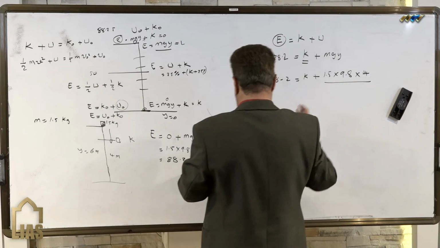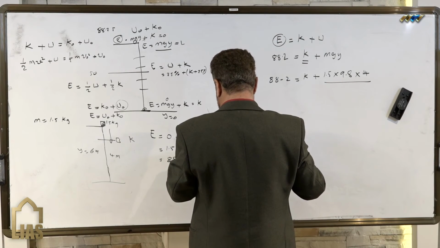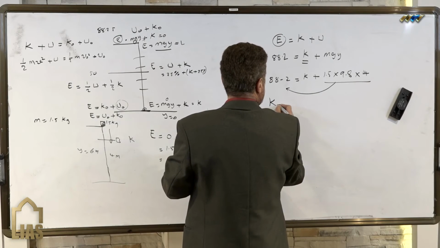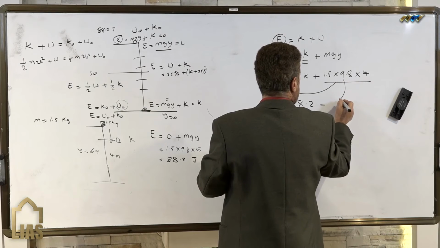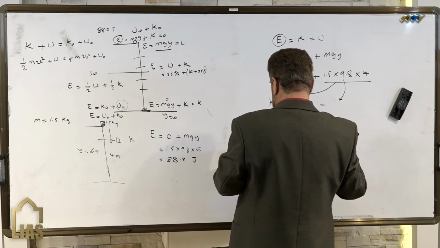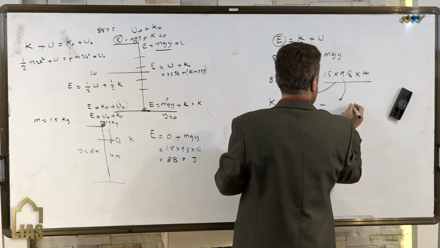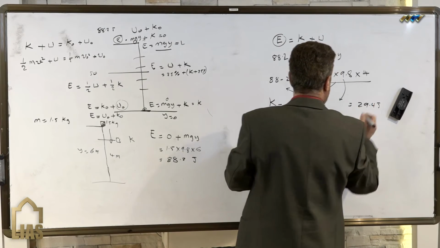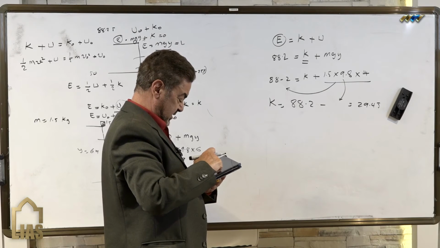This figure here, with the calculator, I don't know, but K is equal to 8.2 minus what's resulting here. Okay, that will give you 29.4 joule. Okay.